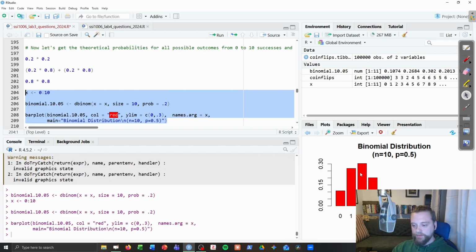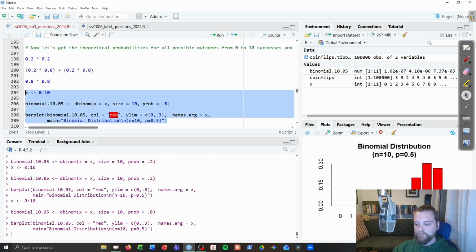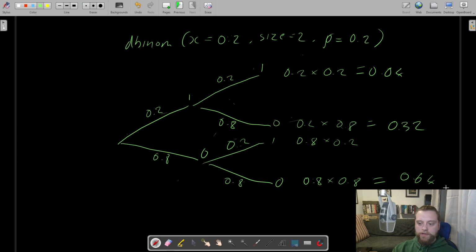So our binomial distribution still has this, what we call a normal shape, but it's skewed this way. And of course, if we specified this as 0.8, it would really just be the inverse. So we can generate lots of different shapes on this graph. We've got 3 different functions, but just remember that the logic is really just these branching probability trees.